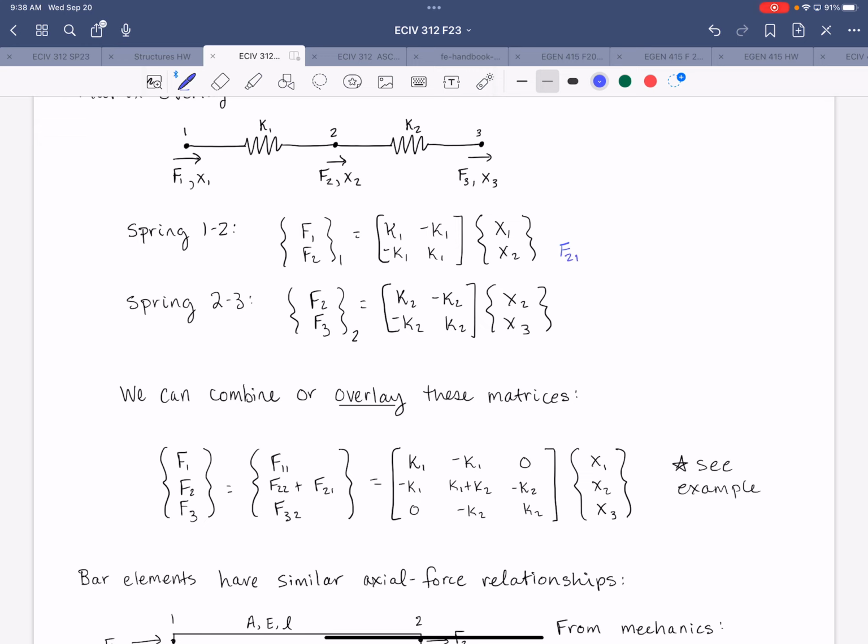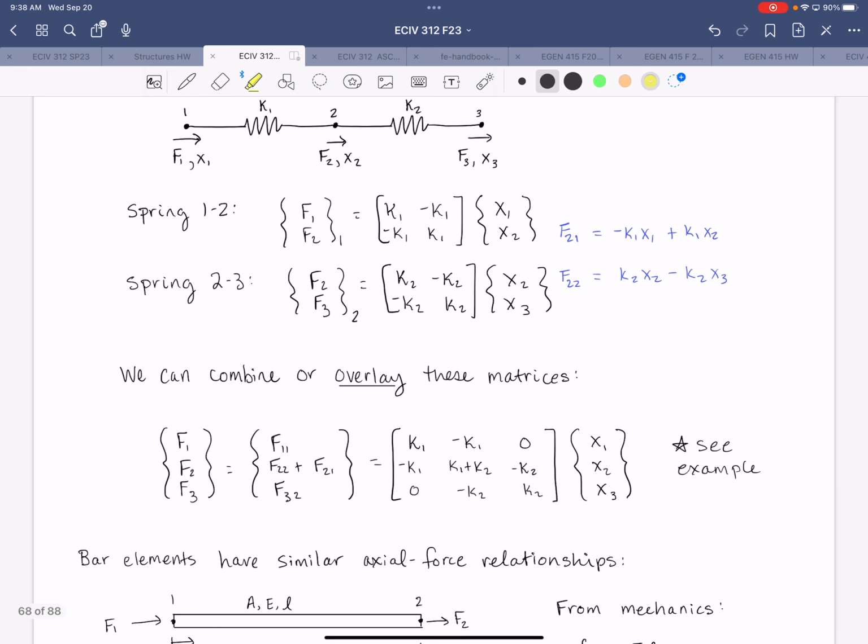So we would have F21, just writing out this row of the matrix equation, right, is equal to negative K1x1 plus K1x2. And then in the second spring, we have F22 is equal to K2x2 minus K2x3.